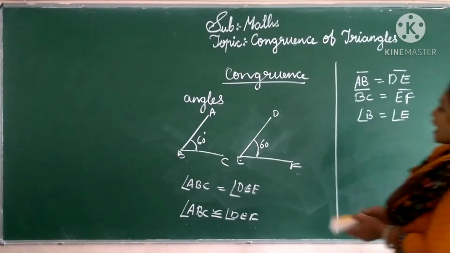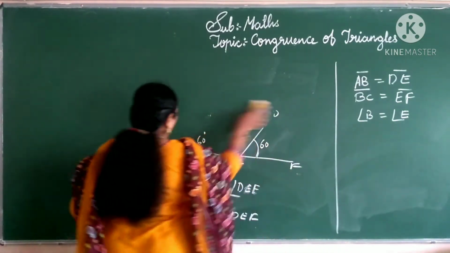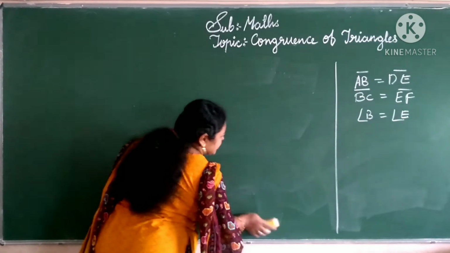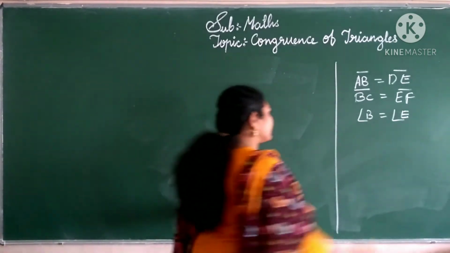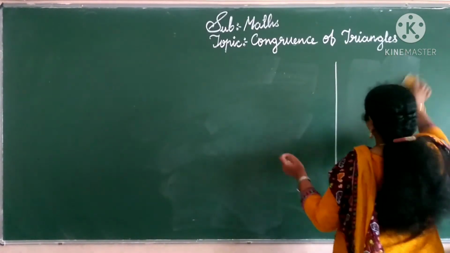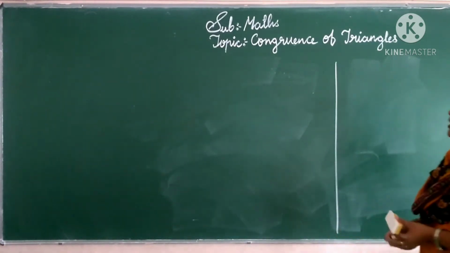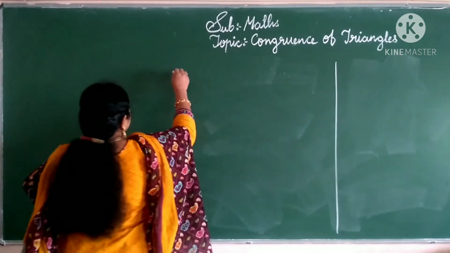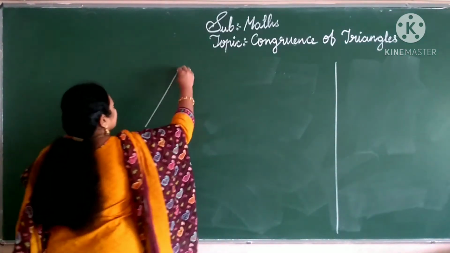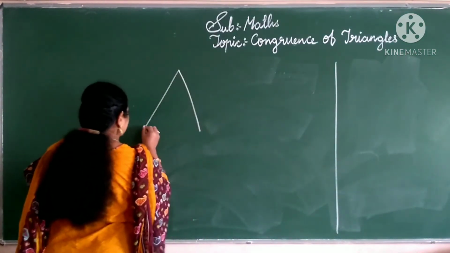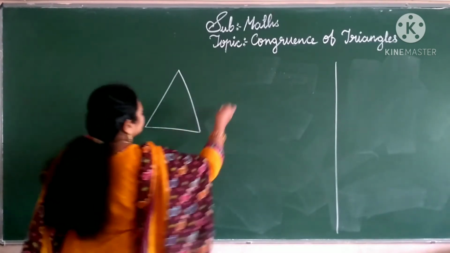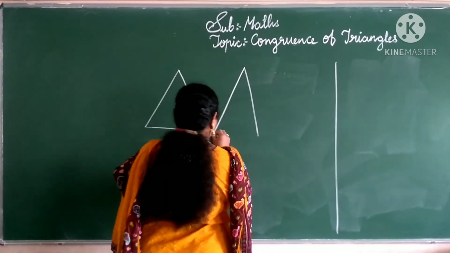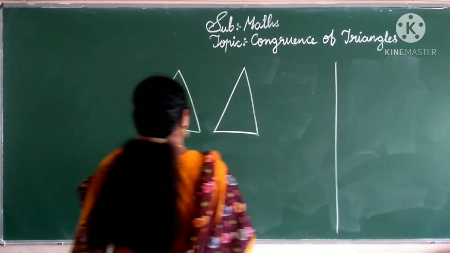After looking at the congruency of two line segments and the congruency of two angles, now let us see the congruency of triangles. Here, let us take two triangles like this. Are they equal in their height and size?